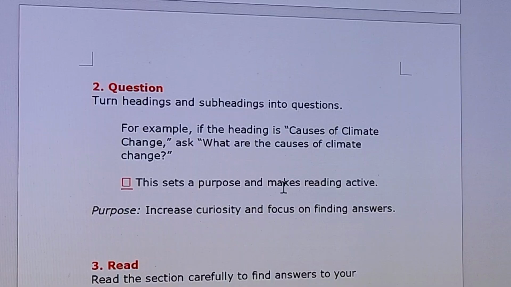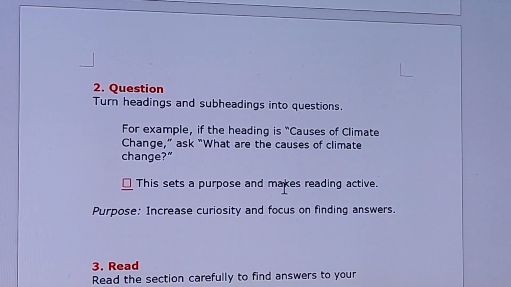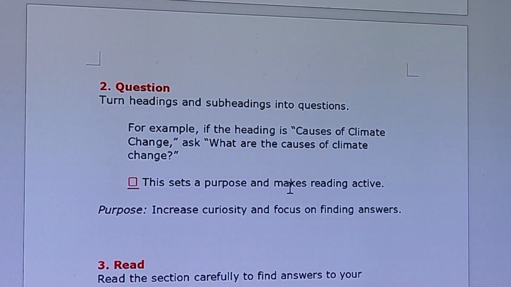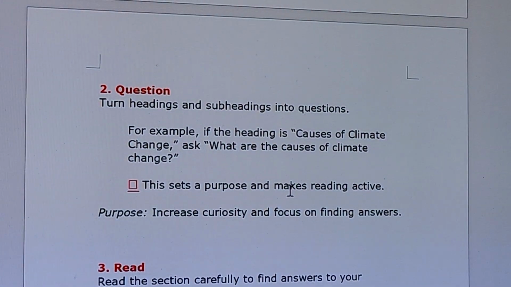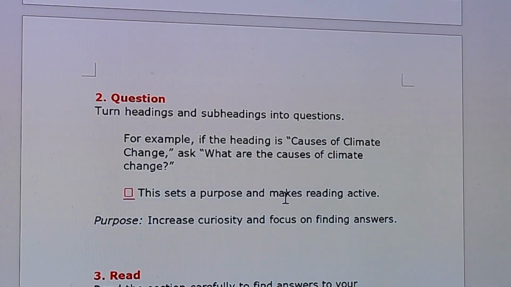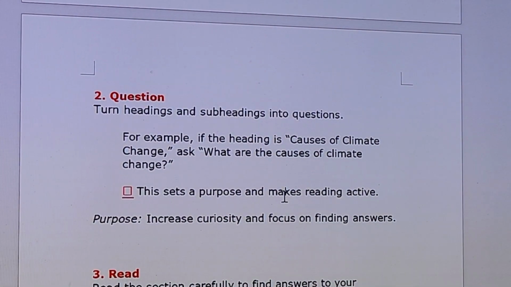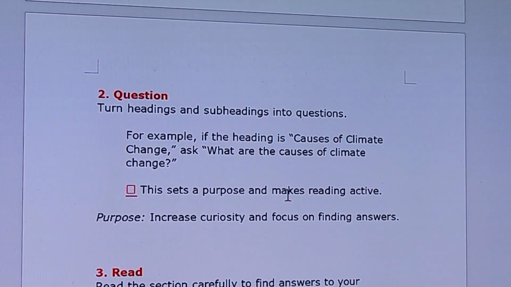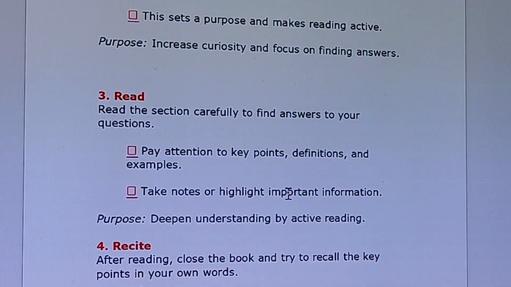So keep asking questions. This sets a purpose and makes reading active, because when you start deep integrative reading, your brain is going to search for answers to those questions. So the purpose of asking questions is increased curiosity and a focus on finding the answers.